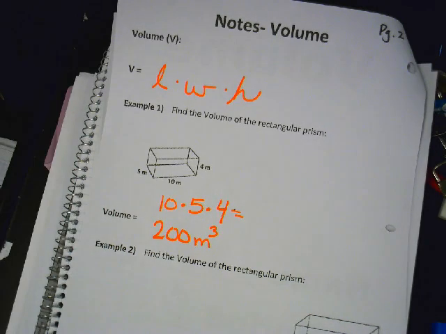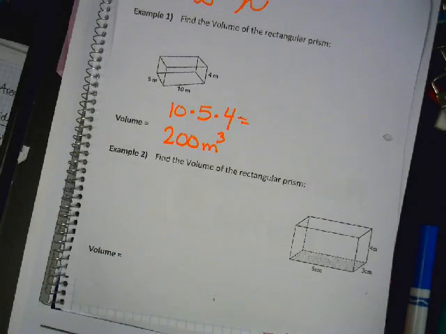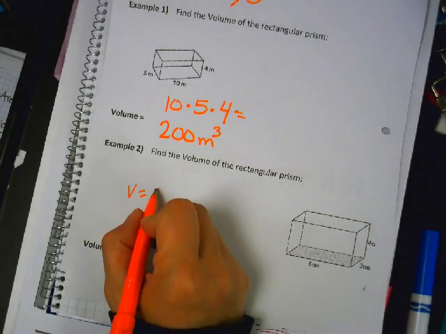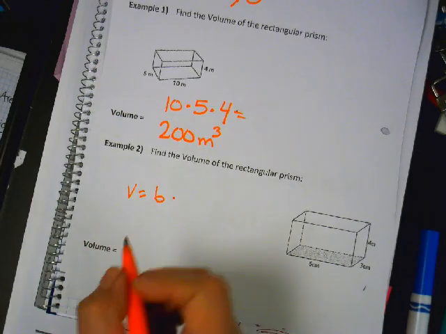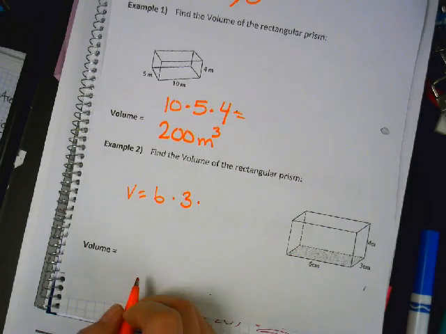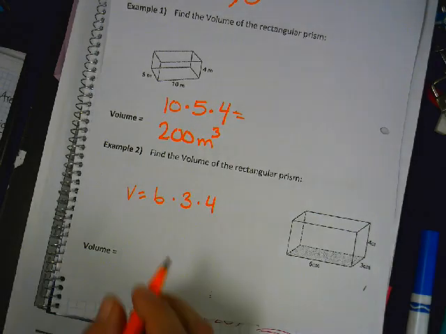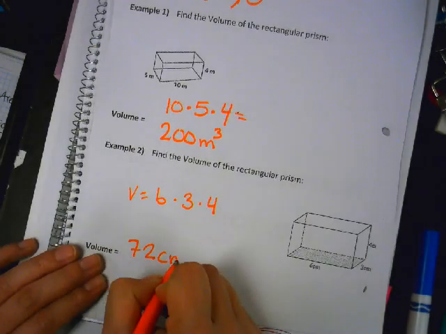All right, example number 2. What's the length? 6. What's the width? 3. What's the height? All right, multiply 3 times 6 times 4 in any order that you would like. 72 centimeters cubed.